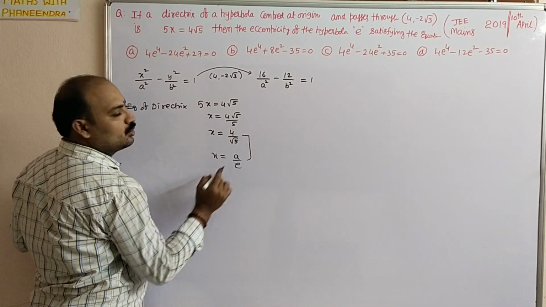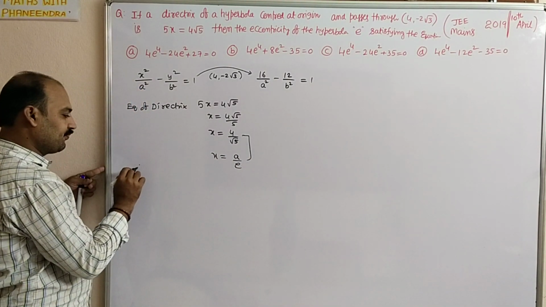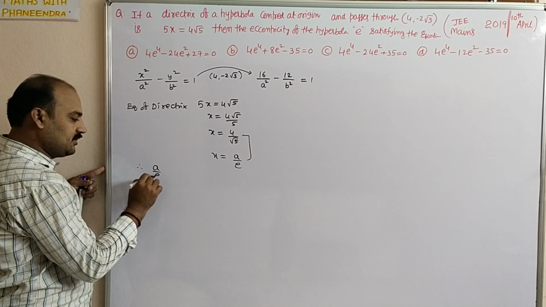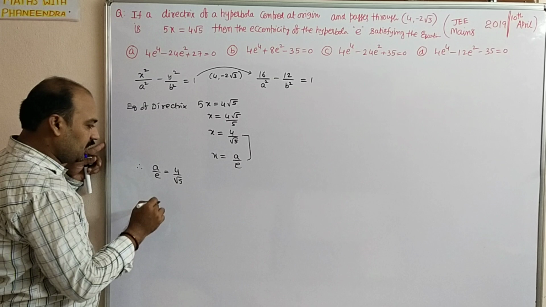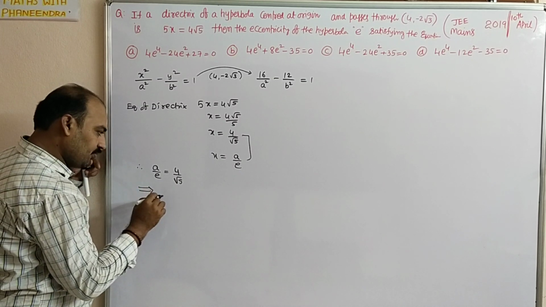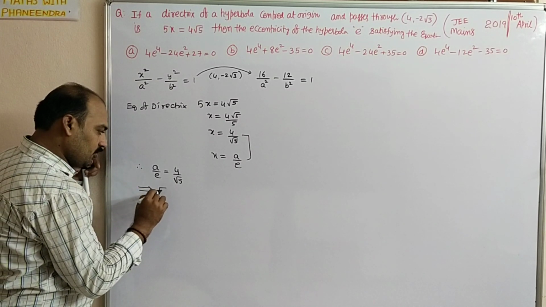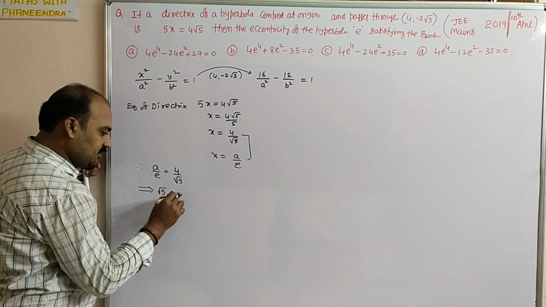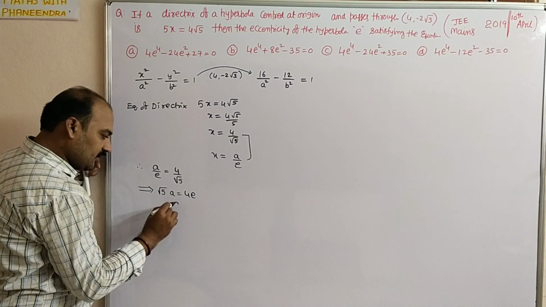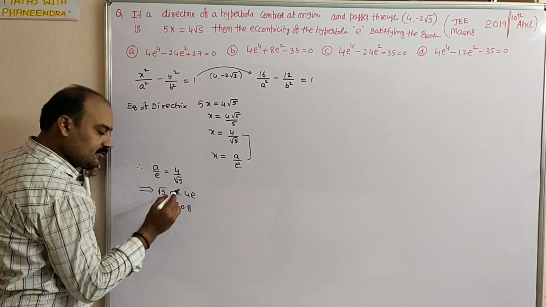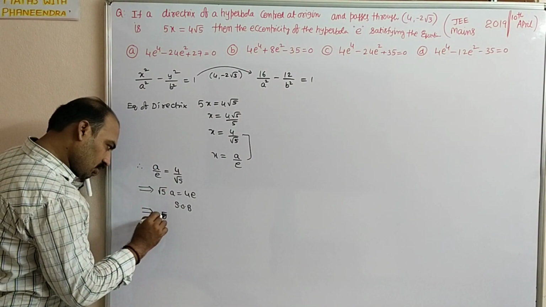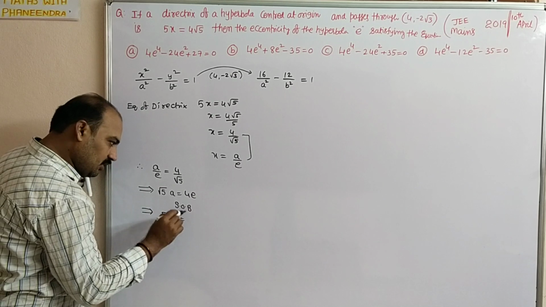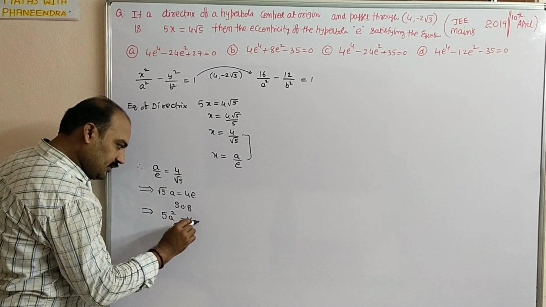So comparing these two, a by e is equal to 4 by root 5. Cross multiplying, root 5 into a is equal to 4e. Squaring on both sides, 5a square is equal to 16e square.